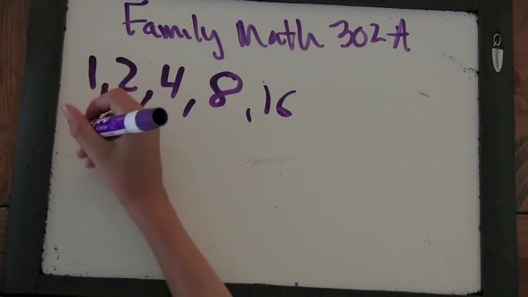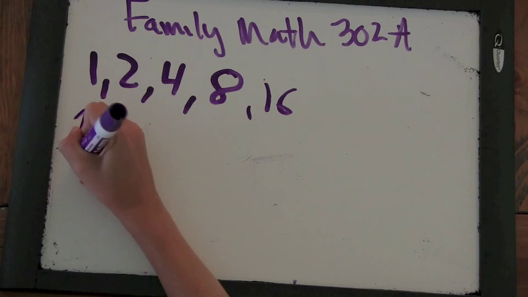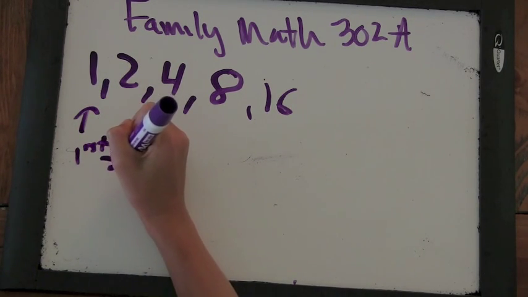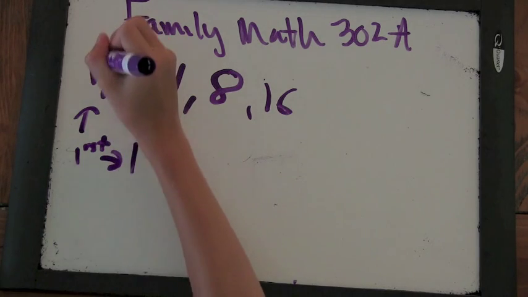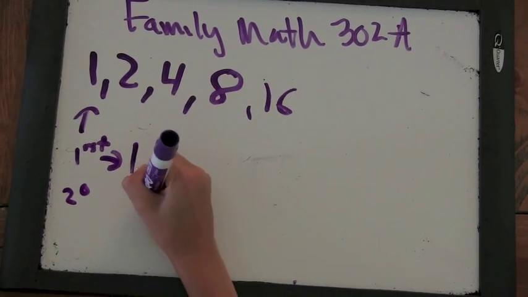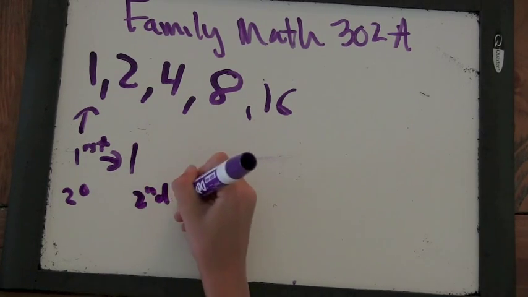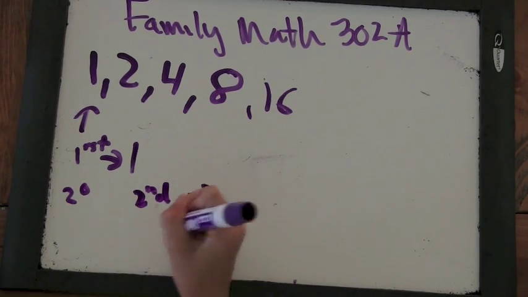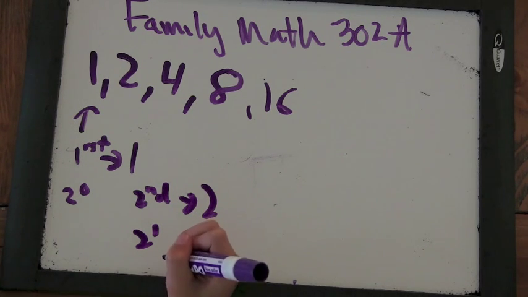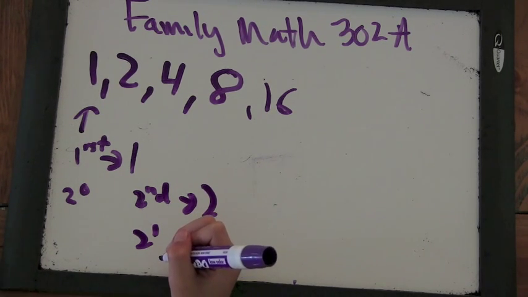So on the first one, we had 1 leaf, and that's 2 to the 0. And the second was 2 leaves, 2 to the first. Then the third was 2 to the second leaves.